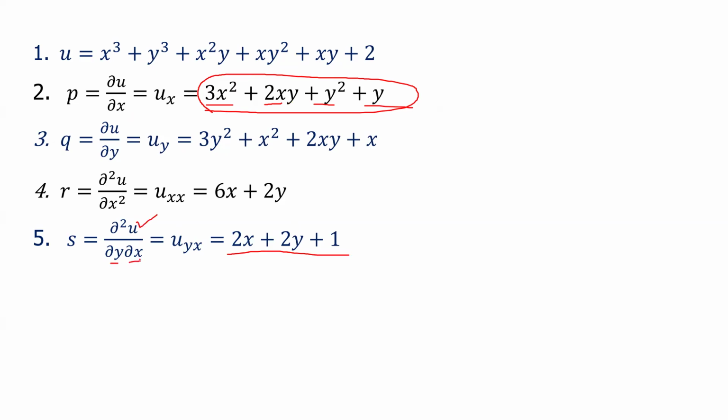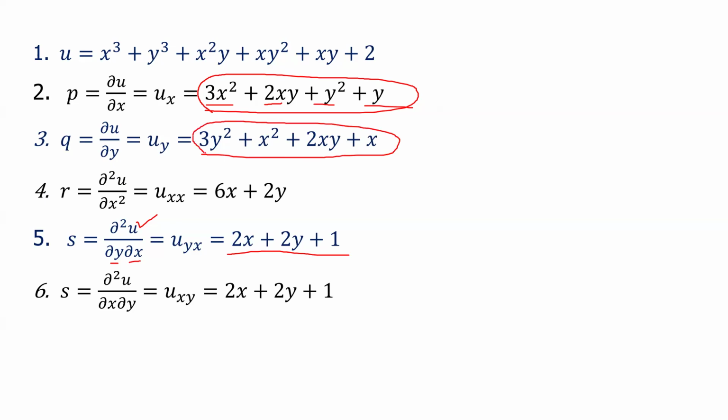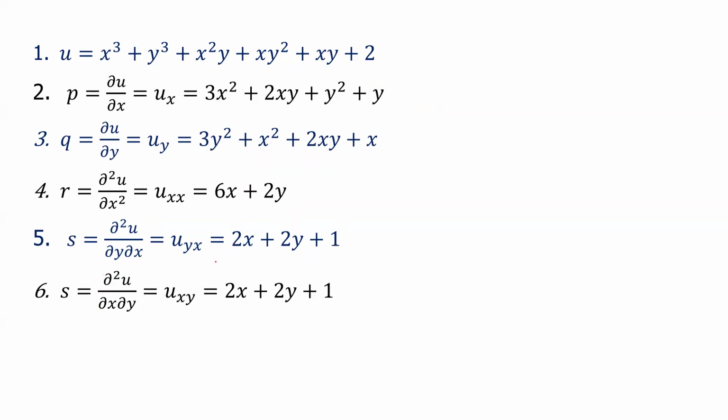This is the second order partial derivative of u with respect to y and x. Similarly, if we do the same thing but first find del u del y and differentiate it with respect to x, this is 0, derivative of x square is 2x, derivative of 2xy gives 2y, and derivative of x is 1. Now just look here: del 2u del y del x and del 2u del x del y both have the same value.